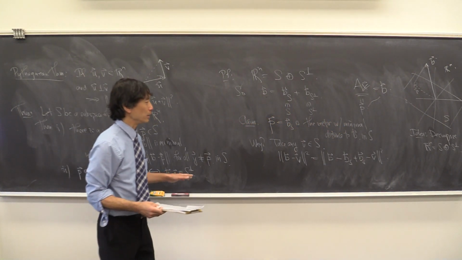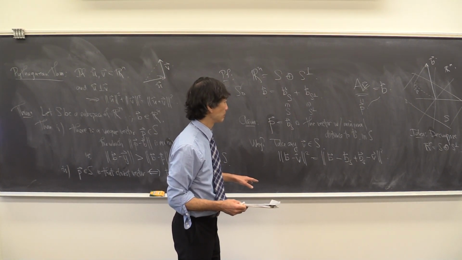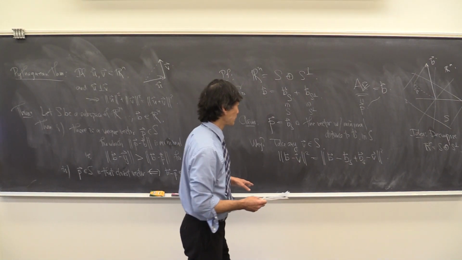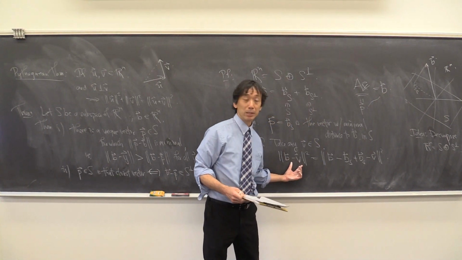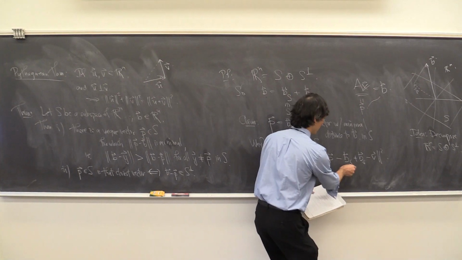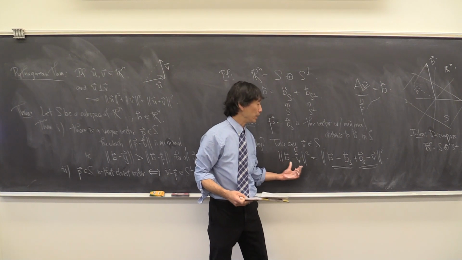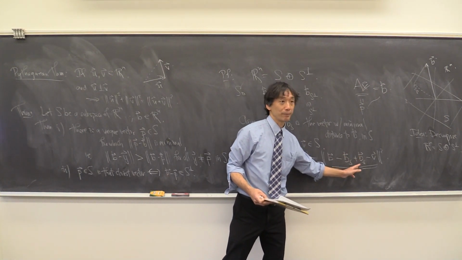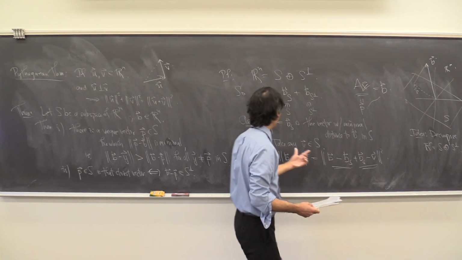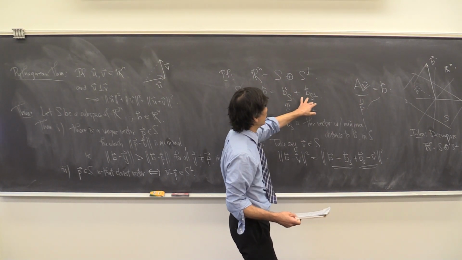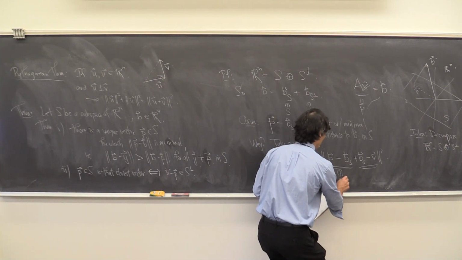So we do something that's a little peculiar. We break this B minus V into two parts. We rewrite B minus V as B minus Bs plus Bs minus V. Why do we do that? B minus Bs is this Bs perp, right? So this thing here is in S perp.